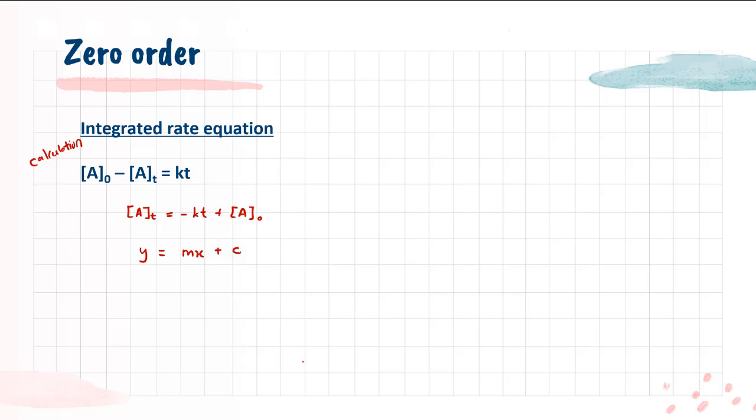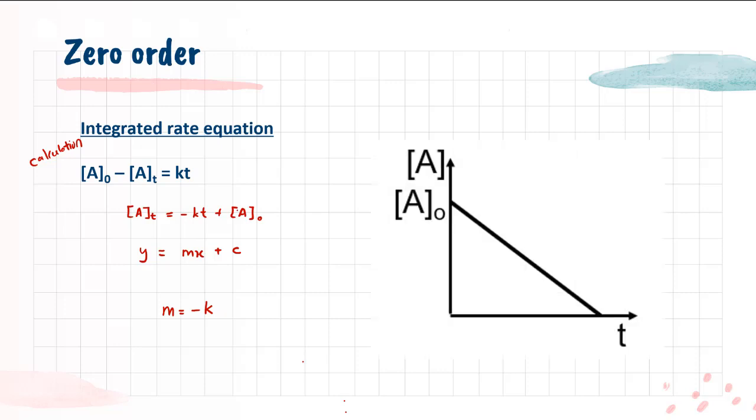The y-axis is your concentration at time t, the gradient equals the negative rate constant, the x-axis is your time taken, and the intercept is the initial concentration. So this is the graph of concentration against time t for zero order.